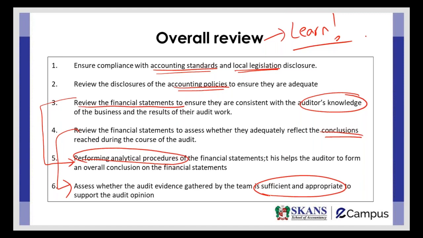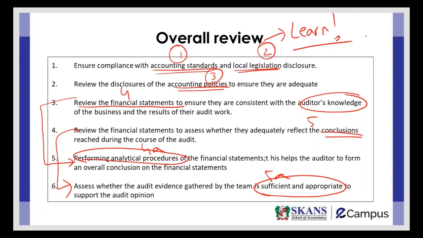So if I sum this up: ensure accounting standards have been complied with, all local law related compliance and disclosures are okay, all accounting policy disclosures are okay, review the final version of the financial statements and perform analytical procedures on it, and review the financial statements to make sure the conclusions are supported by sufficient appropriate evidence.